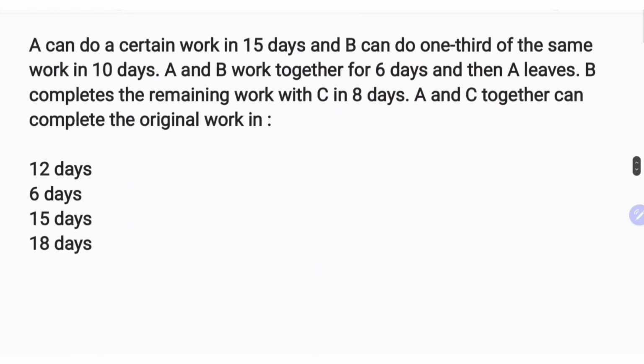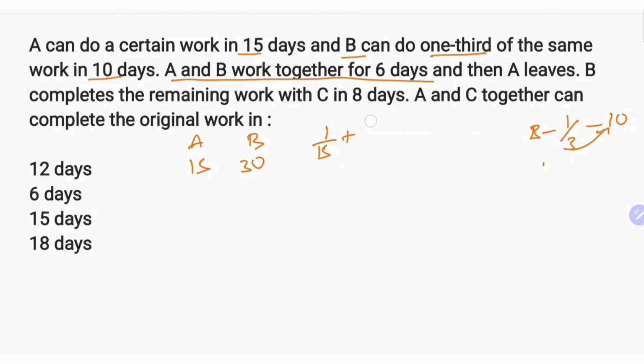Next question. A can do work in 15 days. B can do 1/3 work in 30 days. That means I can write here B does 1/3 work in 10 days. So total B can do the work in 10 into 3, 30 days. A and B work for 6 days. 1 day A, 1 day B. They work for 6 days.